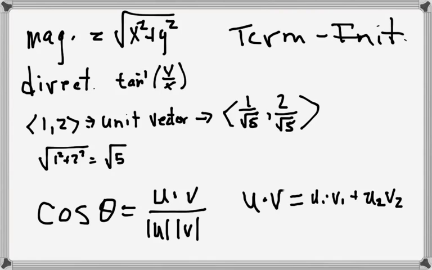What does the dot product tell me, Allison? If it equals 0, that means that they are perpendicular in nature. Okay? It means that they're orthogonal. Good.